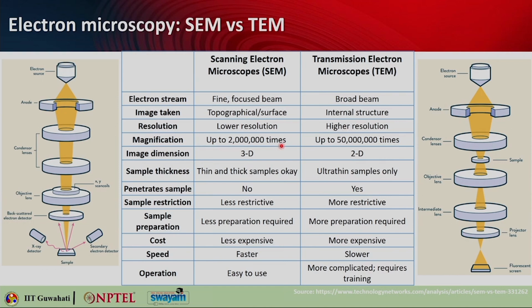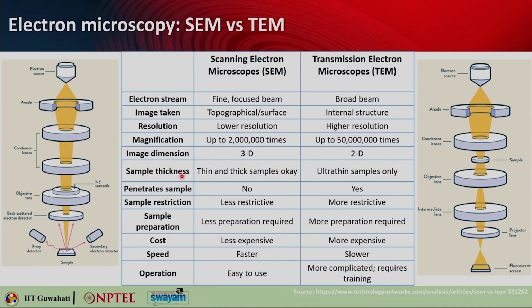Magnification can go up to 2 million times for SEM, whereas TEM can go up to 50 million. Okay. And the images that you can see in SEM are 3D.